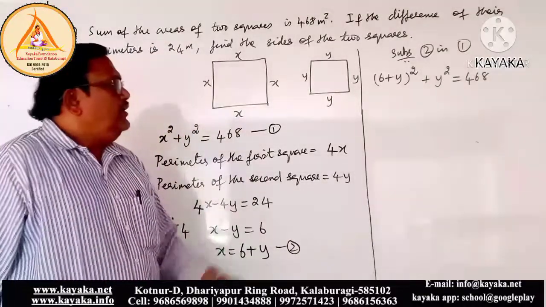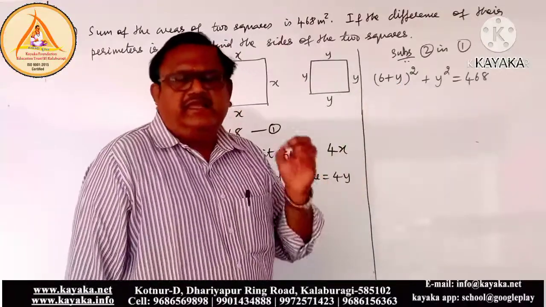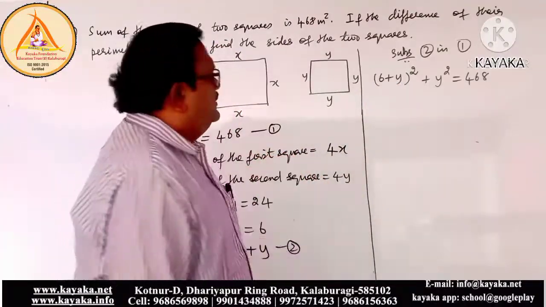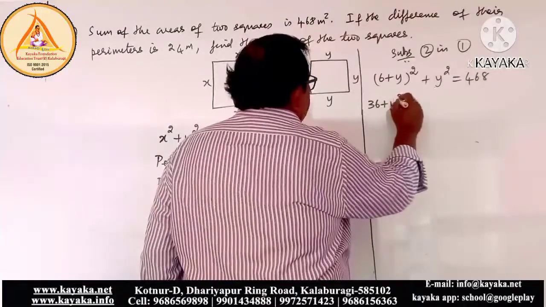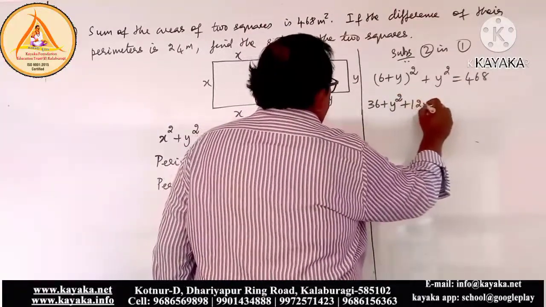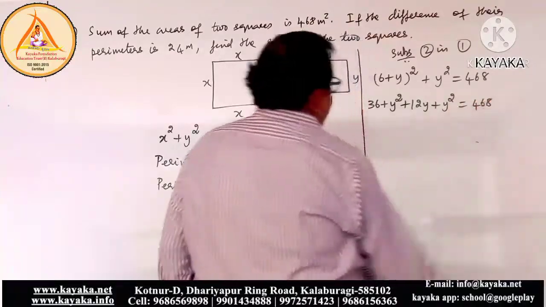Okay, children, now you have to expand the first term using the identity a plus b, the whole square. Therefore, you will get 36 plus y square plus 12y plus y square equal to 468.